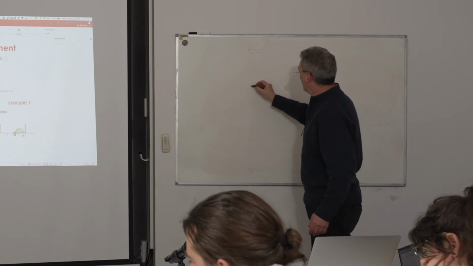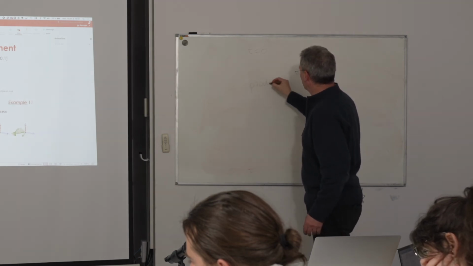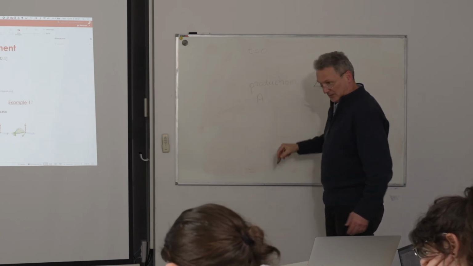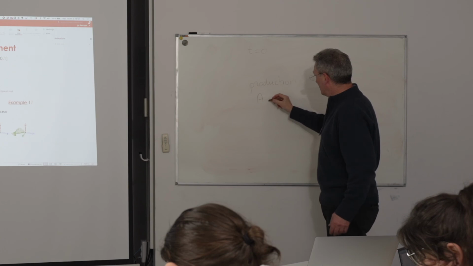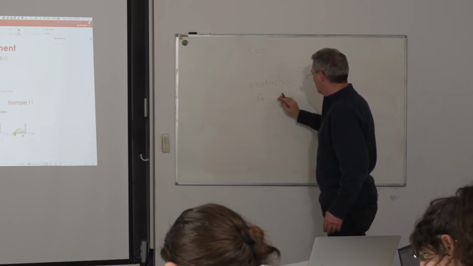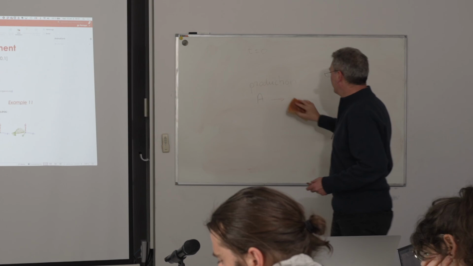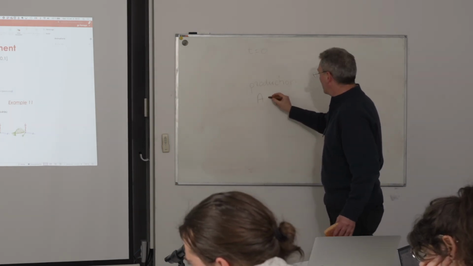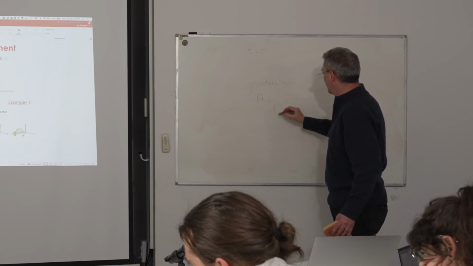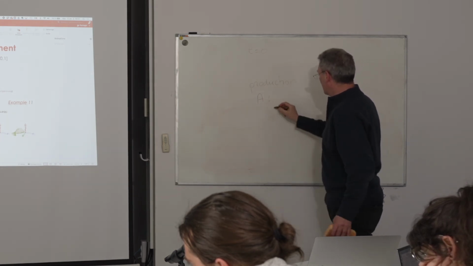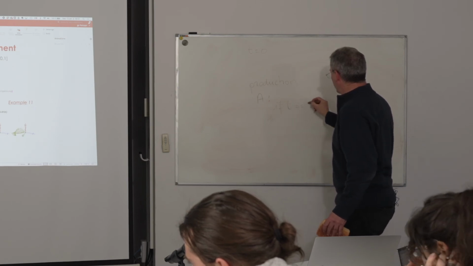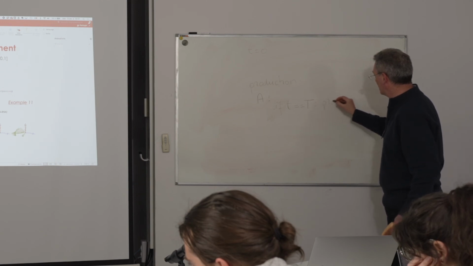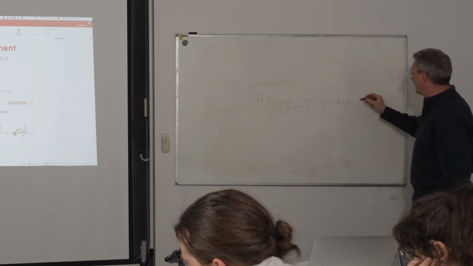Then you would have, let's say, a production rule that says A becomes: if T equals a certain period, then produce B, a fruit.